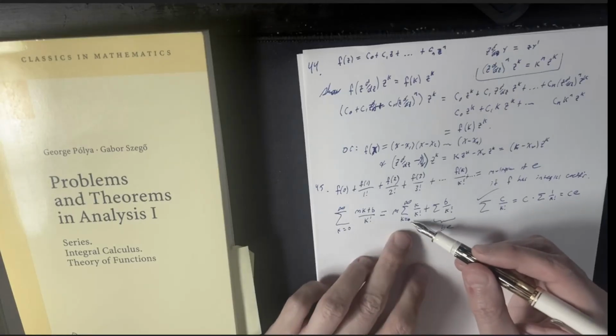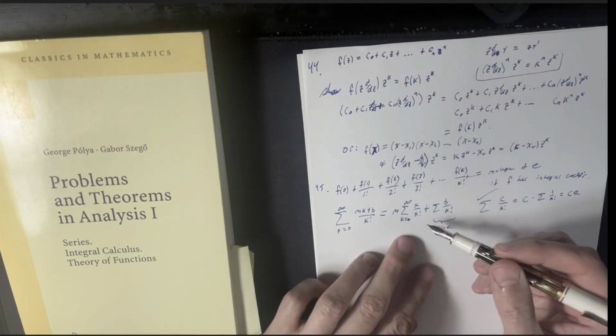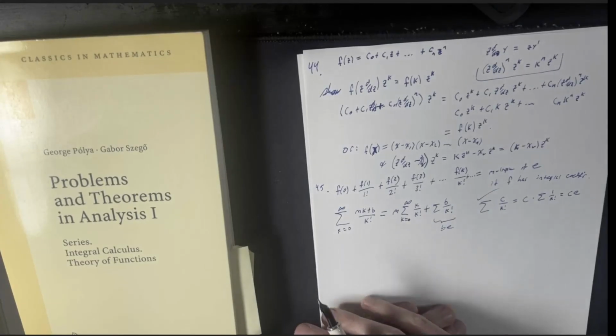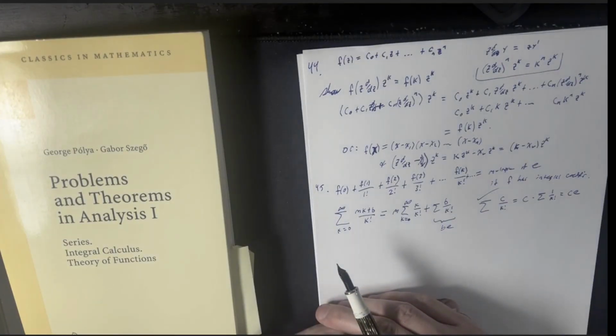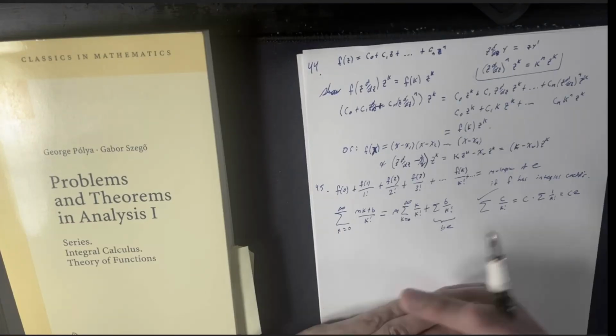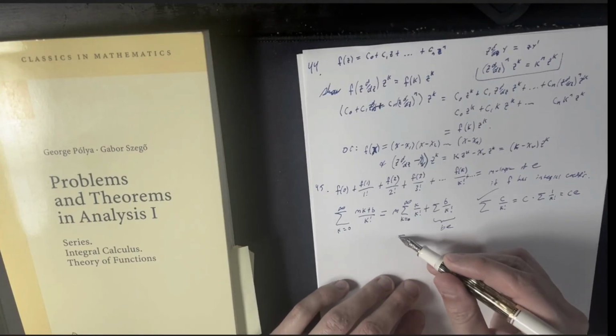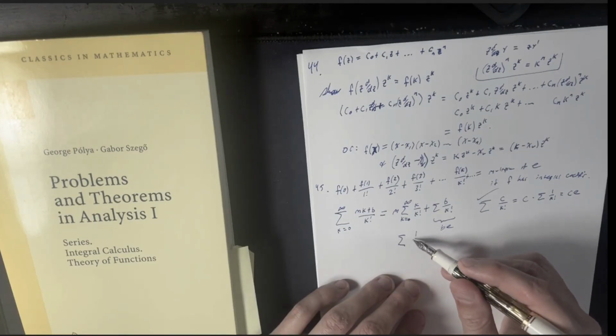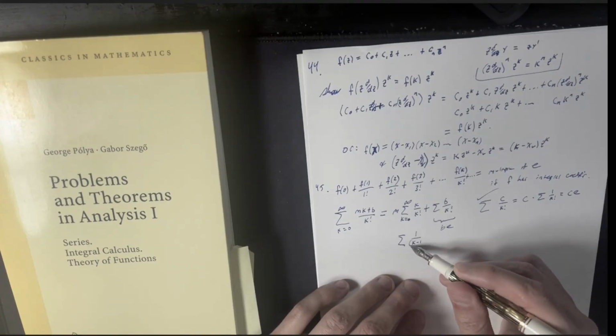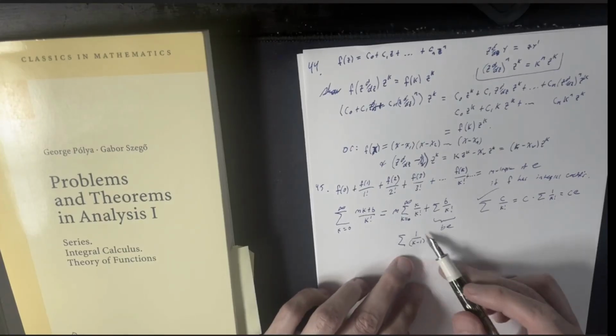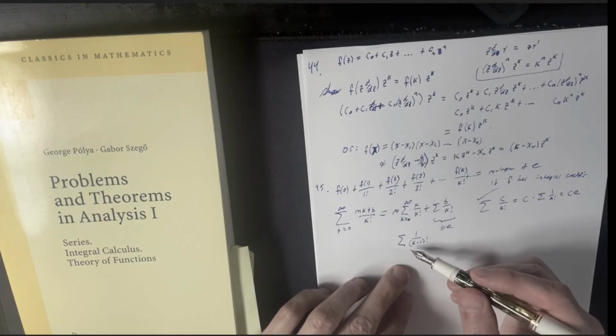So instead of starting at 0, we start at, like this is obviously still e, right?